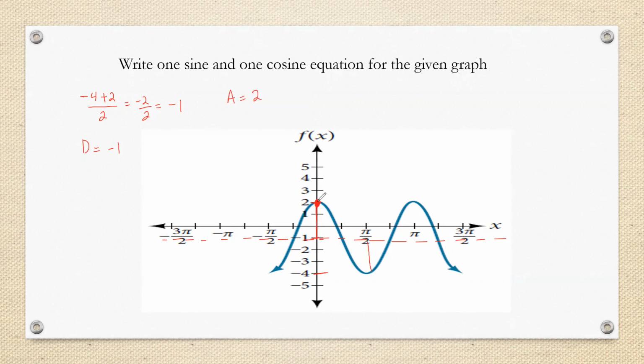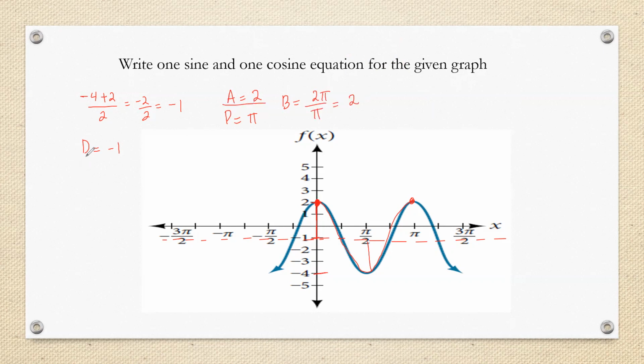And I want to figure out how long this cycle is. So I'm going to take the distance between the two consecutive maximum points. That is between 0 and pi, so the period is pi, which gives me the value of B. 2 pi divided by pi is 2.